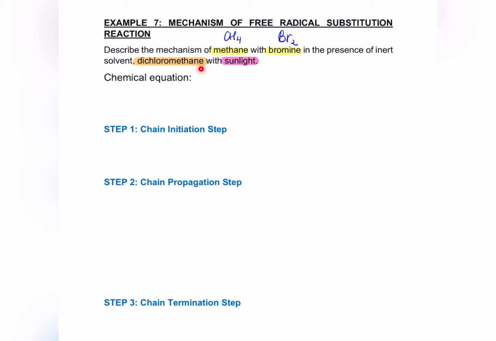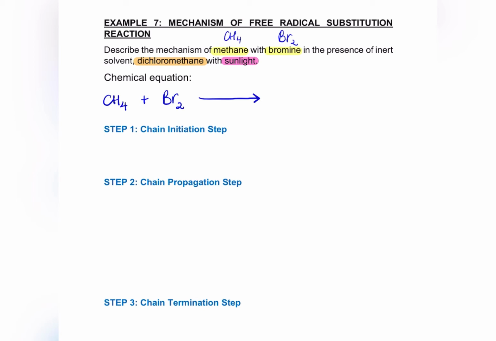So how to start for this kind of question? First thing first, you have to write the chemical equation. For your reactant side, you have CH4, your methane, reacting with bromine, Br2. If the solvent is given in your question, you have to put it in your equation.